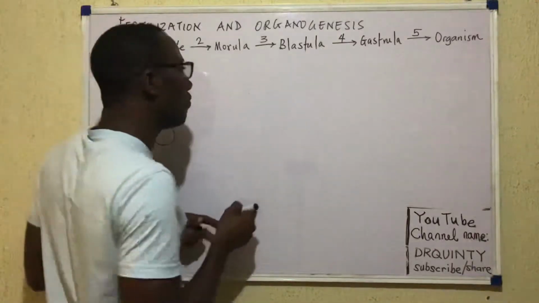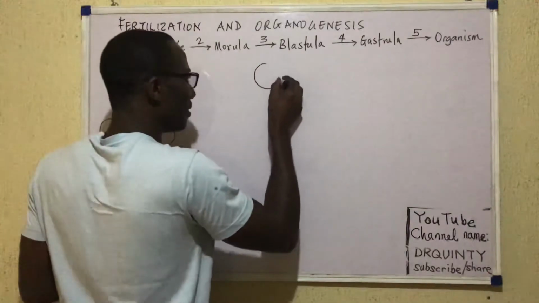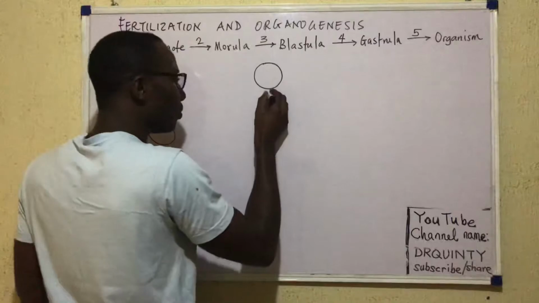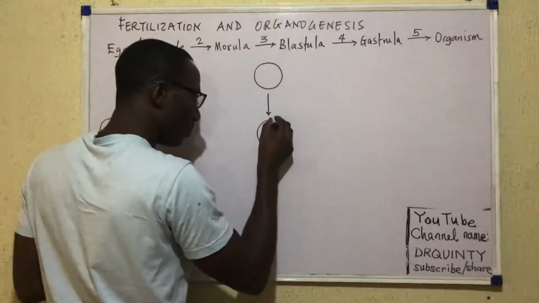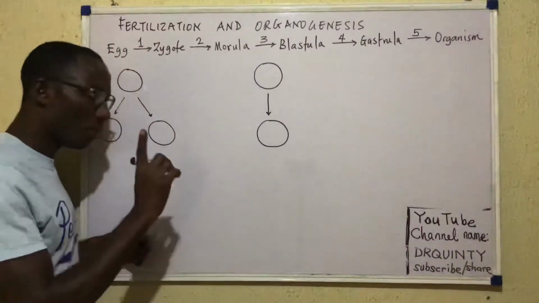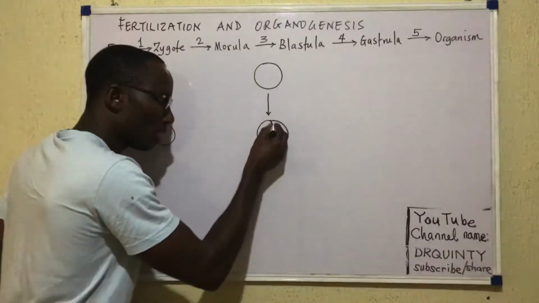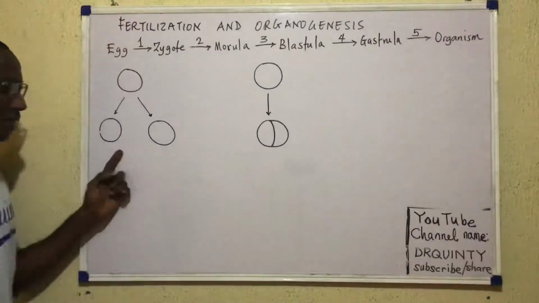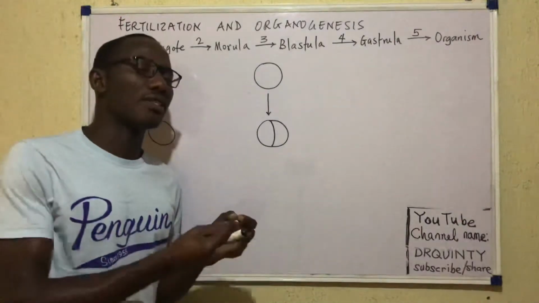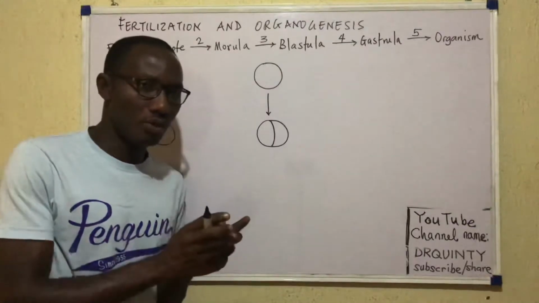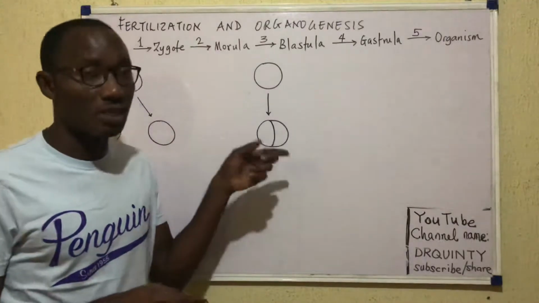But in cleavage, you have one cell that is this big. It will divide to form 2 cells. Now see the 2 cells. Number 1 difference, the 2 cells are not separate. Here they are separate, you have them as daughter cells. But here the 2 cells are still together. That's the usual thing that happens in cleavage.